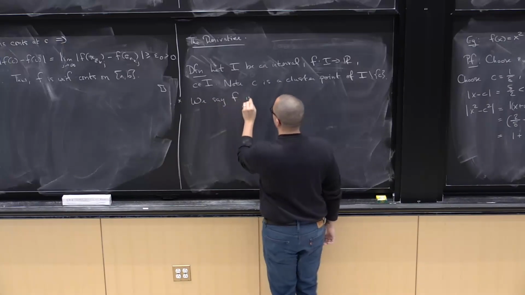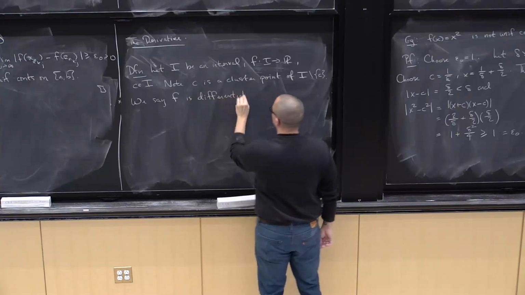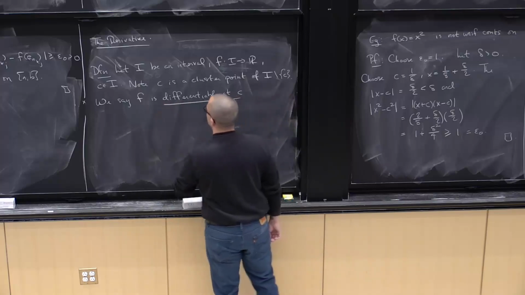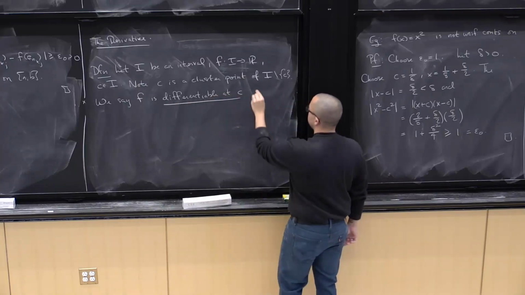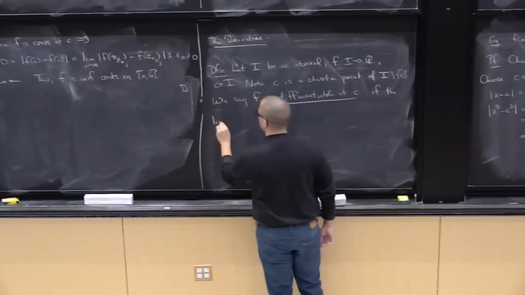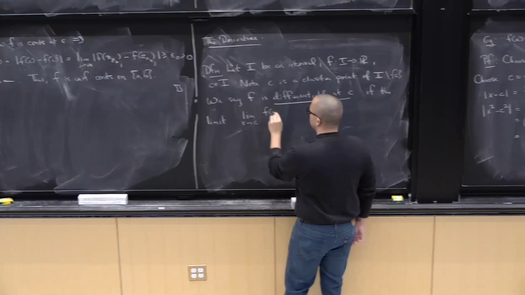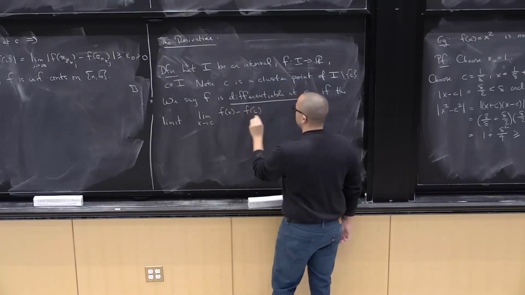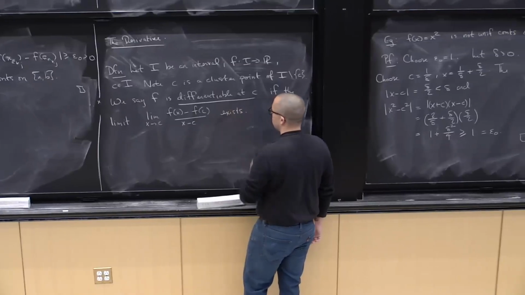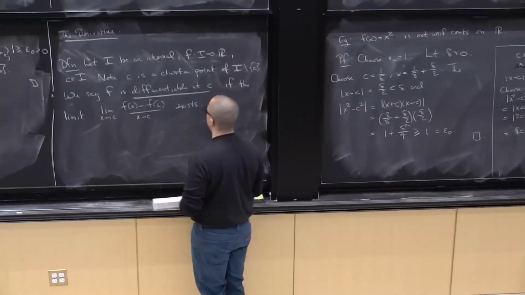You say f is differentiable at c. So this is the new bit of terminology. If the limit as x goes to c of (f of x minus f of c) over (x minus c) exists, okay, if this limit exists, we say the function is differentiable at c.